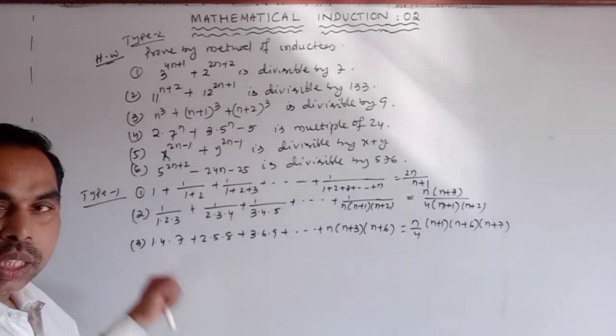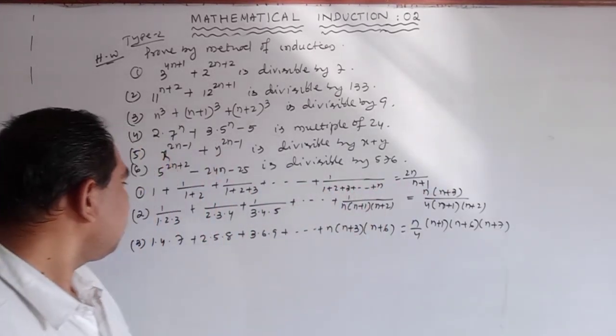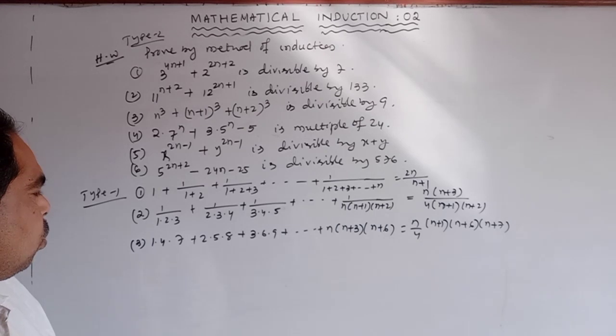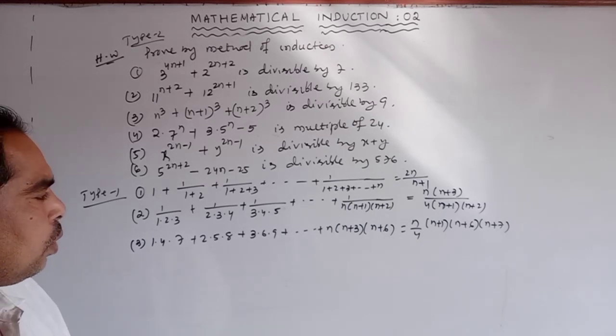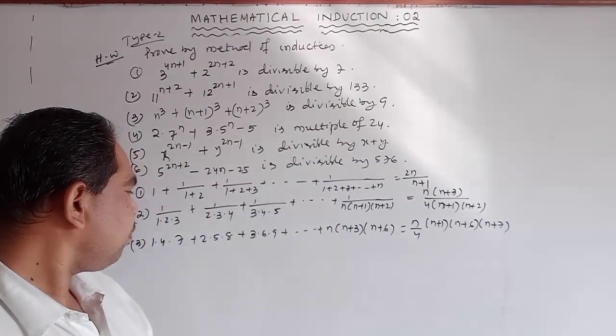Next, type 1. This is equation type, and let's put n as the variable. First: 1 plus 1 by 1 plus 2 plus 1 by 1 plus 2 plus 3 plus dot dot, 1 by 1 plus 2 plus 3 up to n is equal to 2n divided by n plus 1.